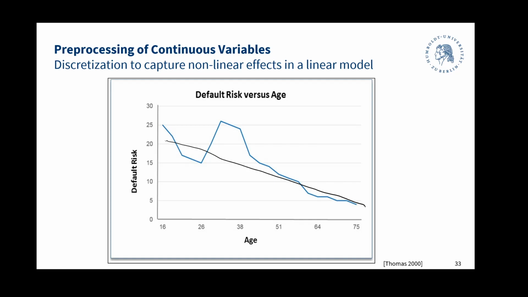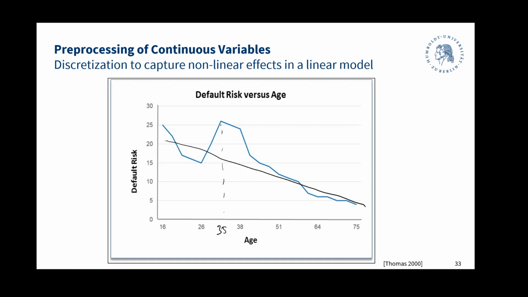Then, however, there is a segment of young people, not the youngest ones, but still young, where lending is not so risky. But then there is yet another group of people aged above 26 to, well, maybe 35, whatever that value might be. This peak here, maybe it's 35.